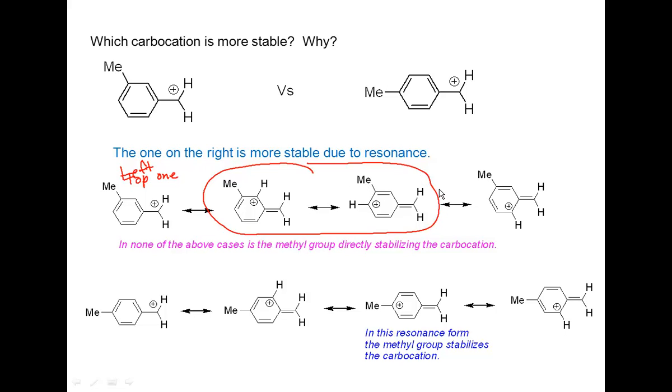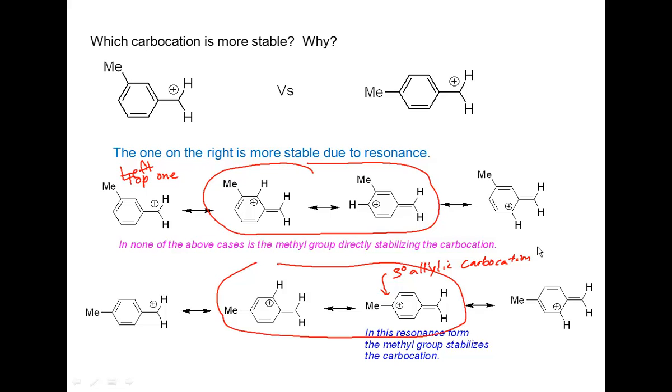bypass the methyl group. Now if you look down here at the bottom, of course, when you start drawing this resonance form here, you generate a really good tertiary allylic carbocation, and this is especially good.